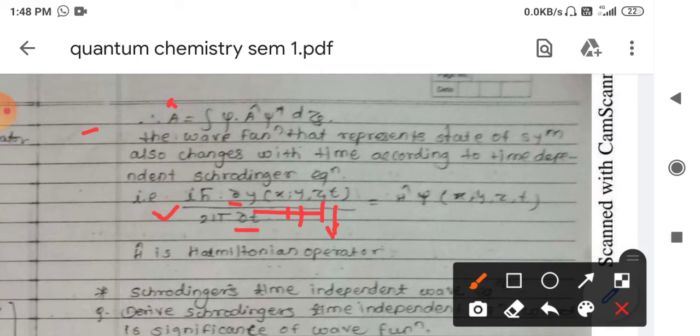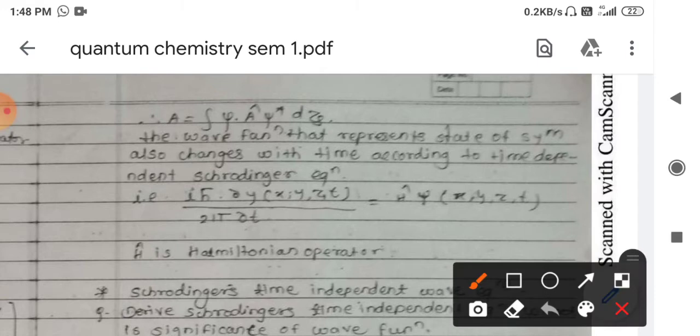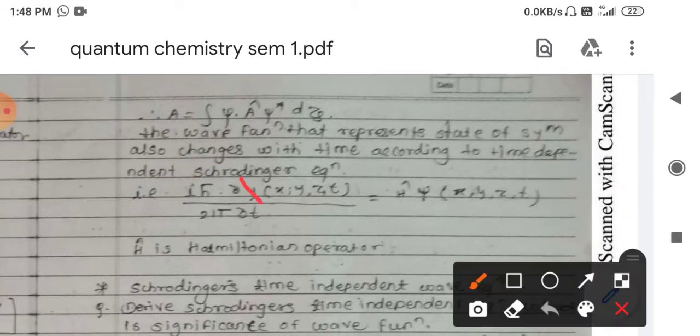is equal to H psi. So simply, for time dependent we have to consider this extra component d by dt, which is the time component. And if my function is time independent, that will simply be H psi equals E psi.